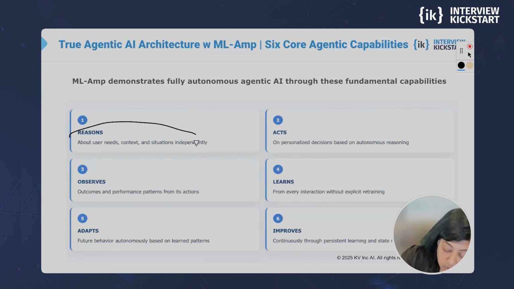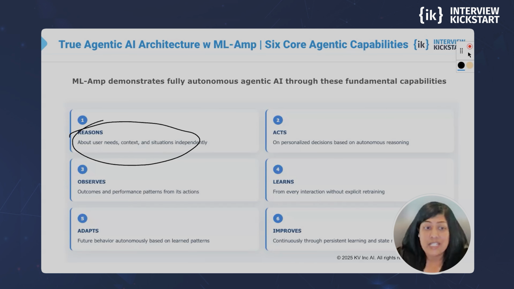It's doing reasoning. What is it reasoning on? It's reasoning about the user's need, the context. What is their learning profile? And it's learning about their situations independently. Now, I could be interacting with ML AMP in one session. I could have maybe Dipti's friend interacting with ML AMP in another session. So it's reasoning about Dipti and Dipti's friend independently.